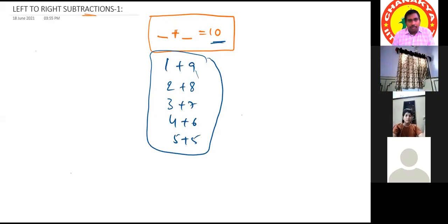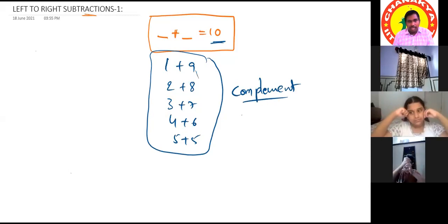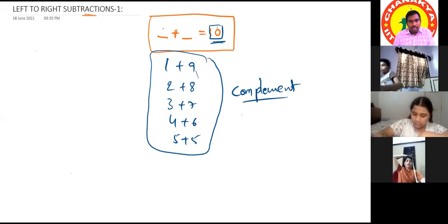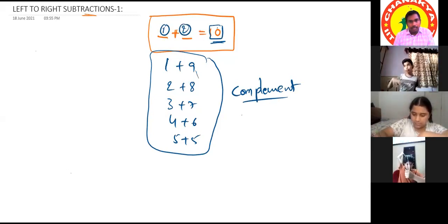See, for subtractions, now you are going to take one new terminology, that is complement. What do we mean by that? To form 10, these are the 2 numbers required, number 1 and number 2, right?